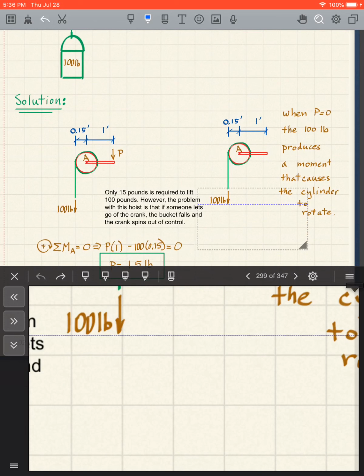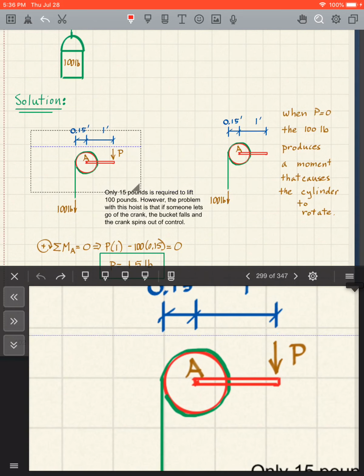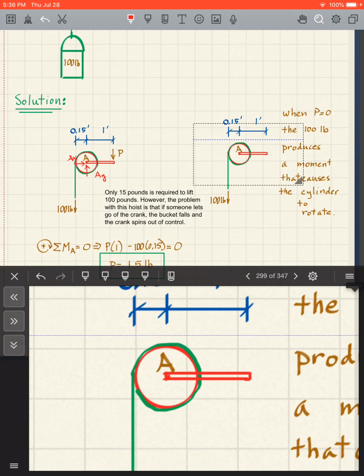Actually, I should show the AY and AX here. Let's go through those points. So let me just add that real quickly.